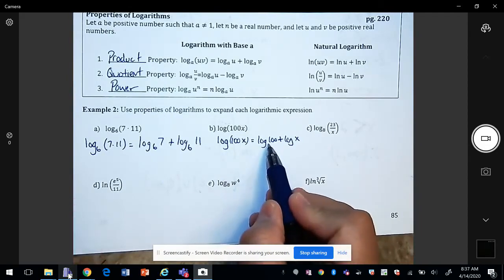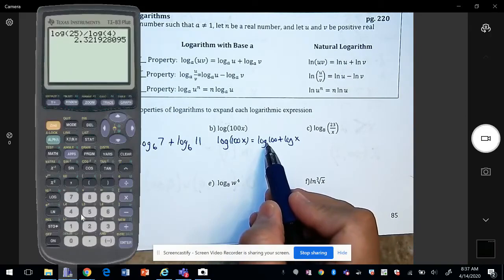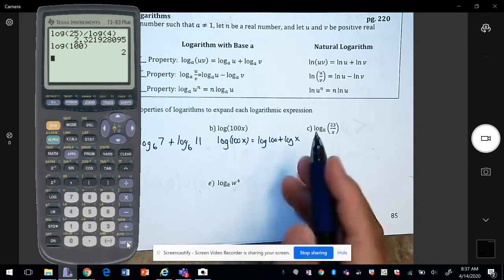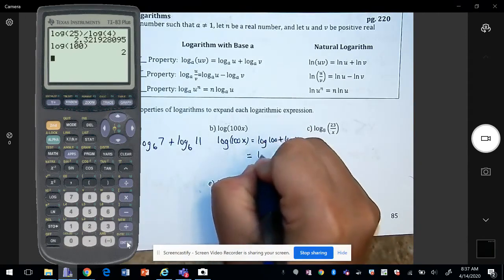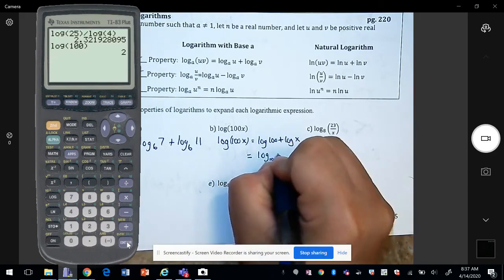So log 100, you can put it in your calculator since it's base 10. Or you can use the ideas that we learned before. So log 100 can also be, there's a 10 here.